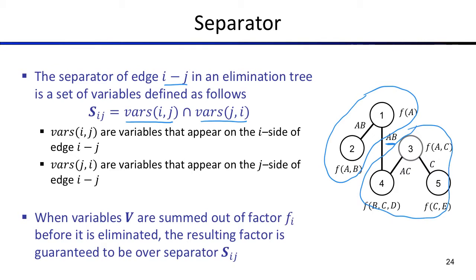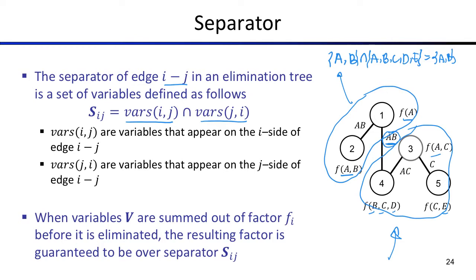On this side we have variables a and b and variable a, so it's going to be a and b, intersected with whatever occurs here, and we have variables a, b, c, d, and e. The intersection between these two sets is the set ab. Exactly what is written here.